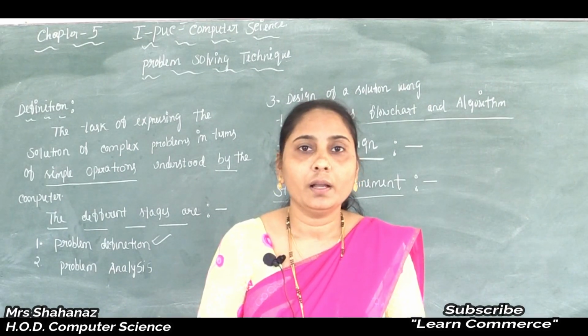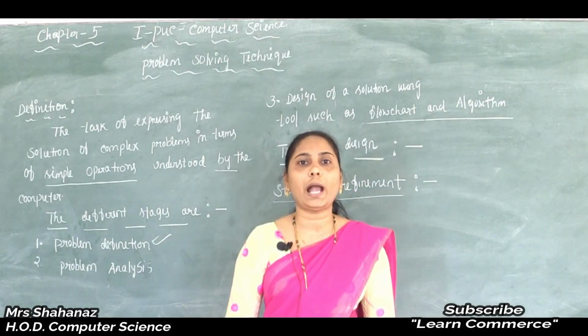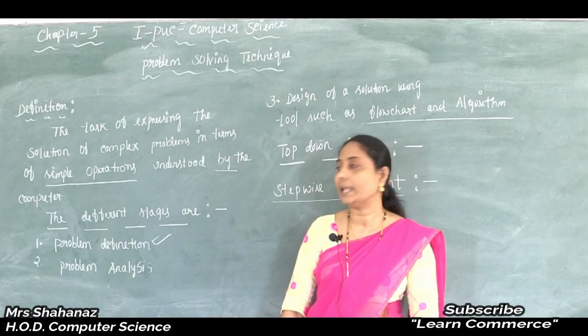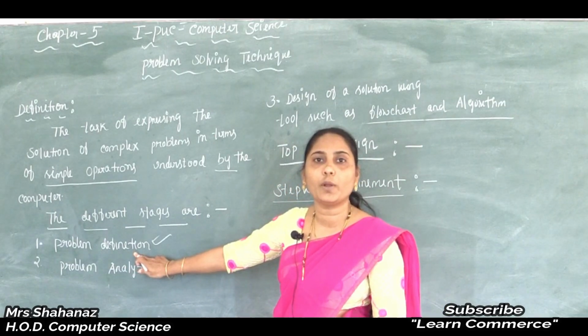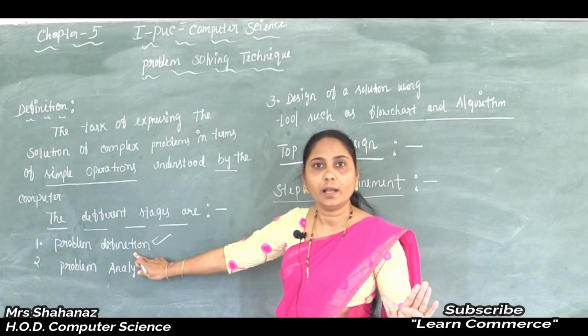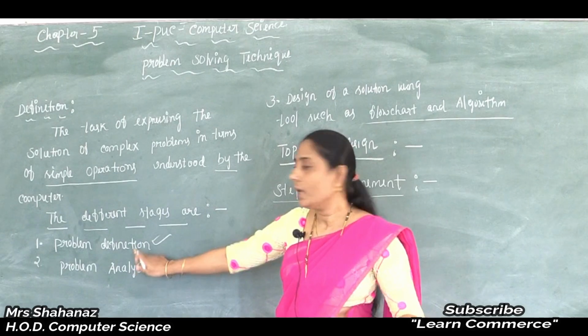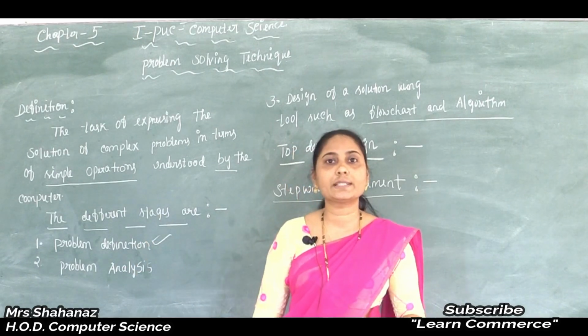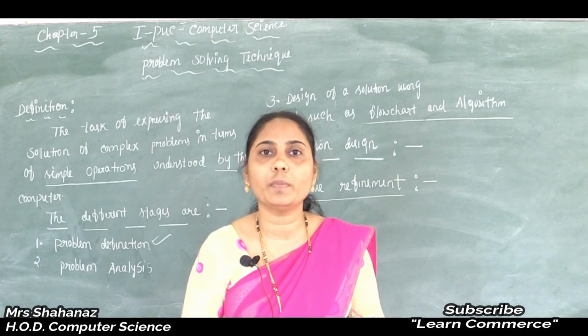So we know that there are 7 stages in total. So first I am going to start with this, the first stage in computer problem solving. Correct? No? Whatever the problem is that we are going to solve by using computer, we can say the problem definition is the first step in computer problem solving.